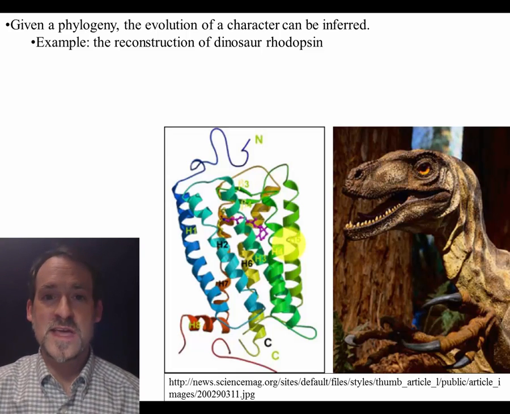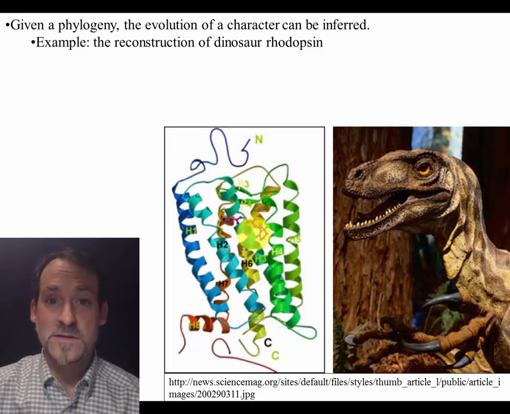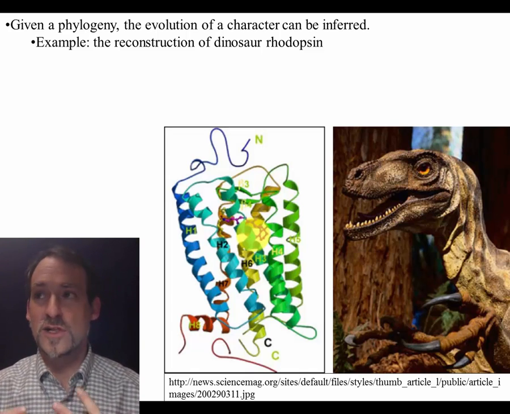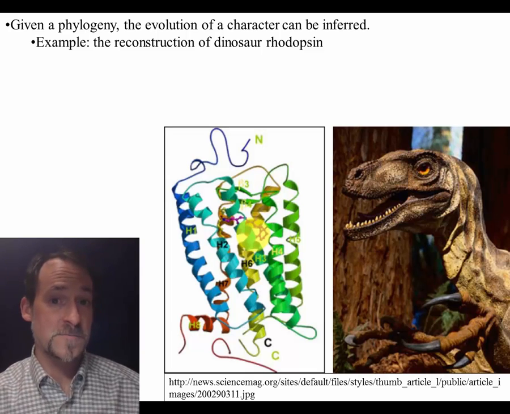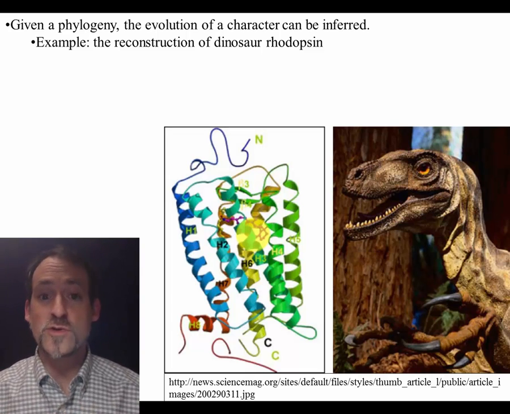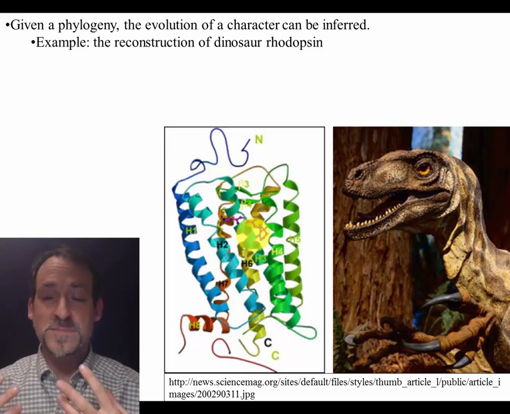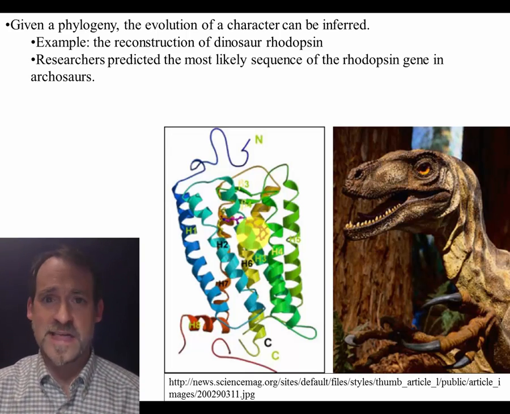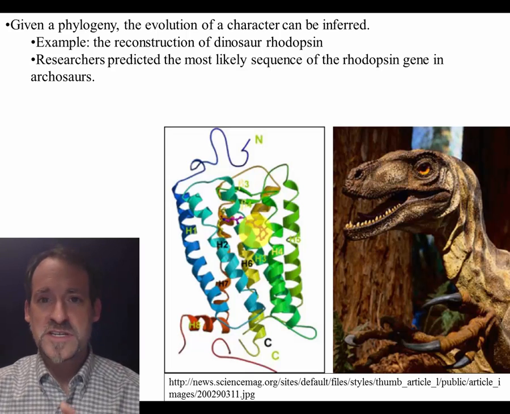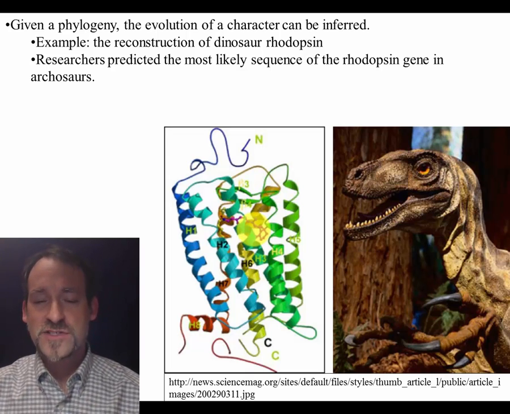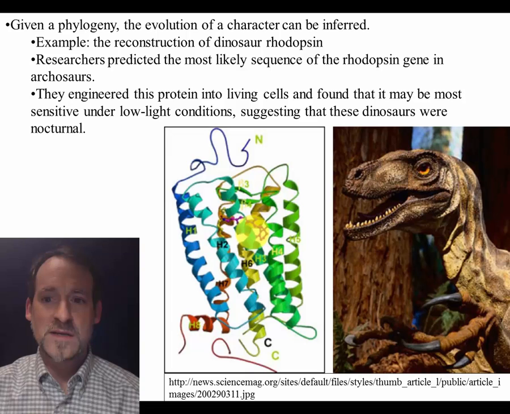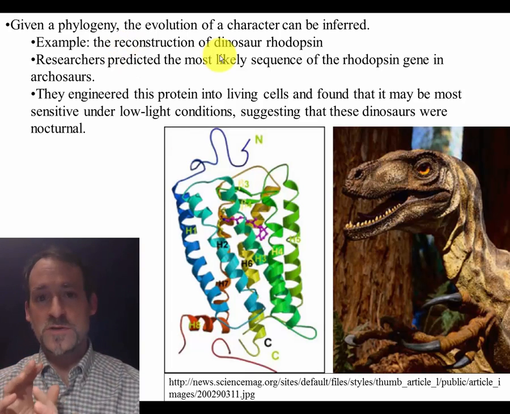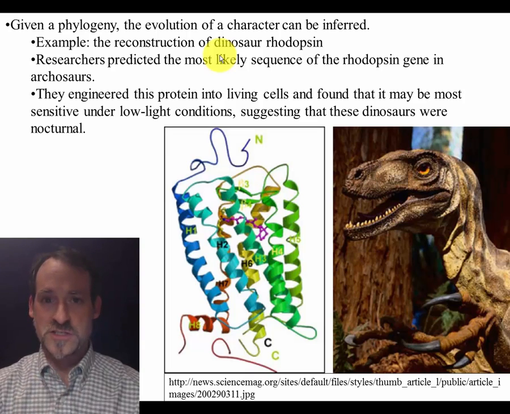What was neat is that they then put together that protein, and I think what they did is they cloned that gene into a cell line and got that cell line to express this particular variant of the rhodopsin gene. And they took it into the lab and they exposed it to different wavelengths of light and saw what it reacted to. And what they found is that this rhodopsin molecule is most sensitive under low light conditions.